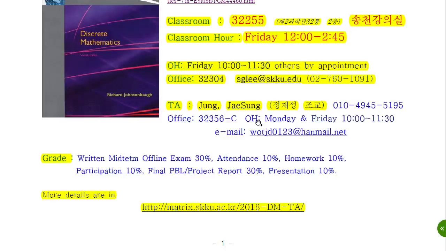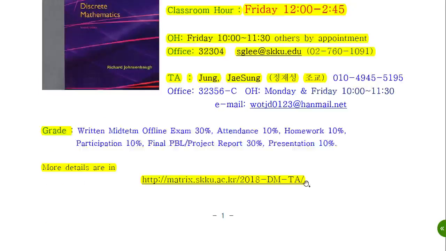He will be in his office every Monday and Friday from 10 to 11:30, so you can catch him when you need help from the teaching assistant, or you can communicate with him through these emails and phone numbers.